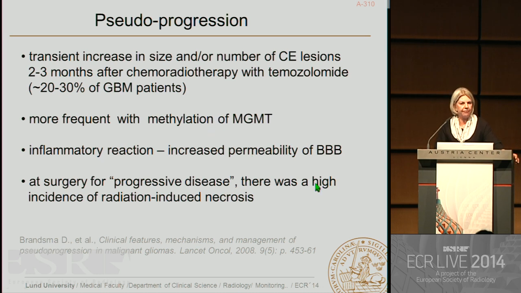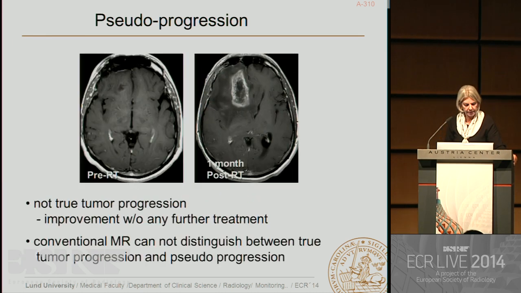It's most likely an inflammatory reaction with increased permeability of the blood-brain barrier, and usually if you leave this alone, they will decrease. If you decide to do a surgical resection, you will find that the histopathology will most often indicate radiation-induced necrosis and no true tumor cells.